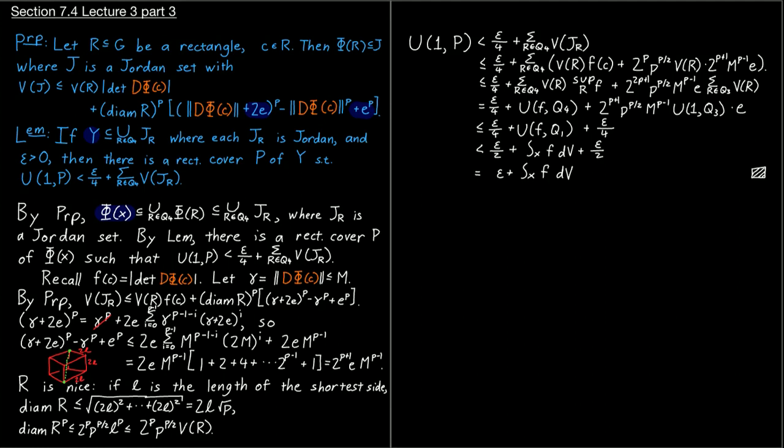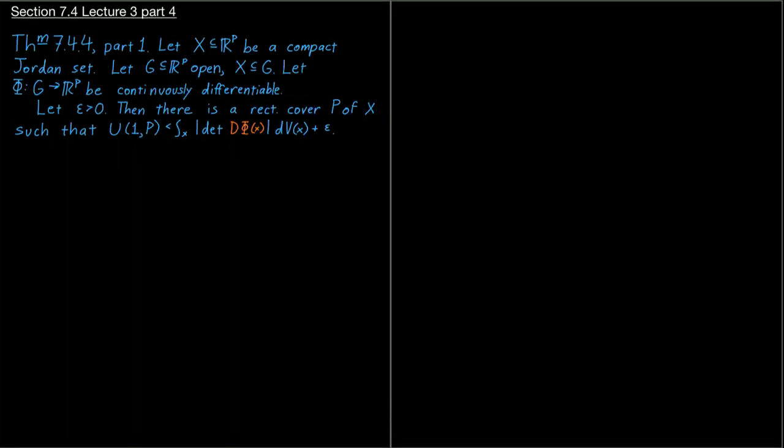We have shown that we can get upper sums as close as we want, within epsilon, of the integral of the absolute value of the determinant. If you want to look up how f was defined.